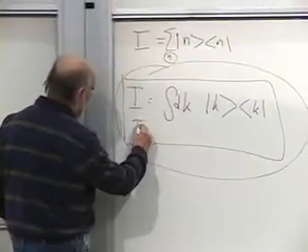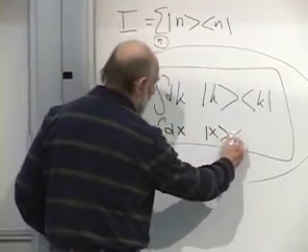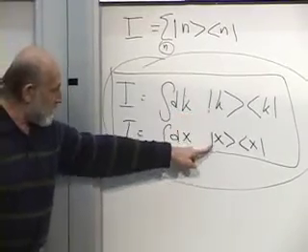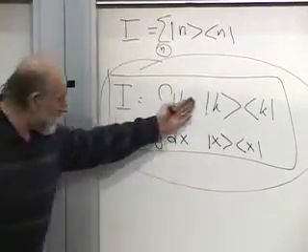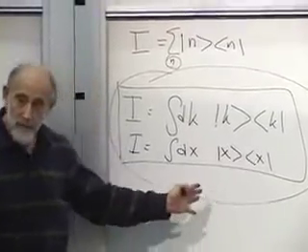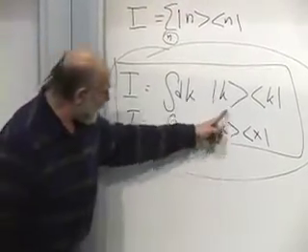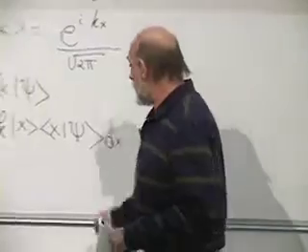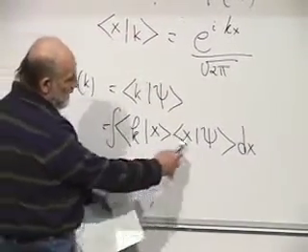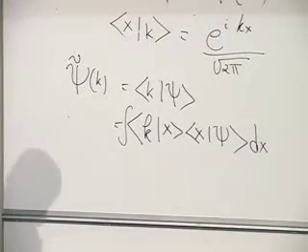What I've used is that I is also equal to the integral dx of |x><x|. Both of these are bases, the k basis and the x basis, the momentum basis and the position basis. The position vectors are all orthonormal, or at least they're normalized with a delta function, just like these k vectors here. And so what I've done in here is to insert unity in the form of the sum of dyads, summing over a basis. Okay?